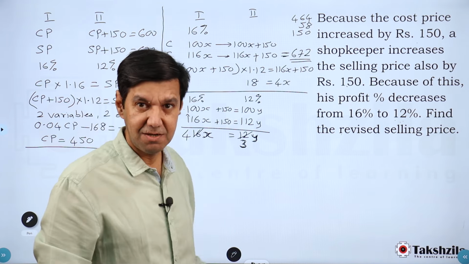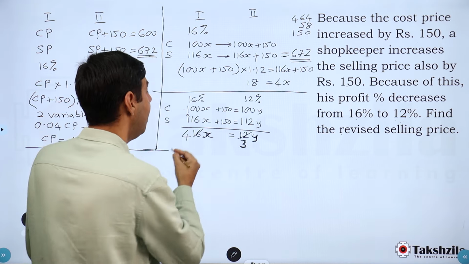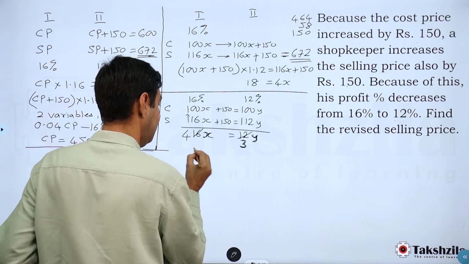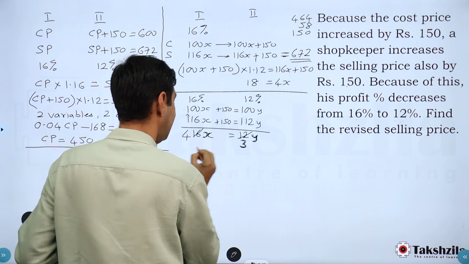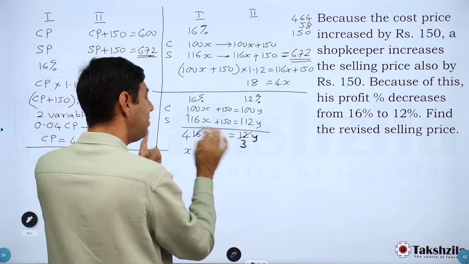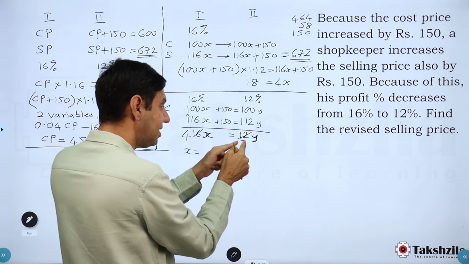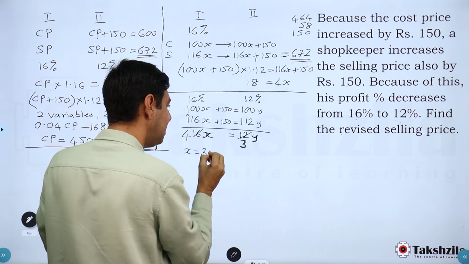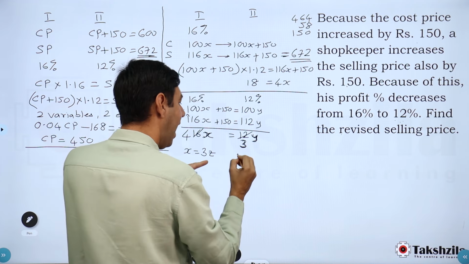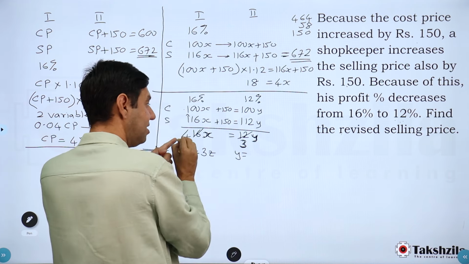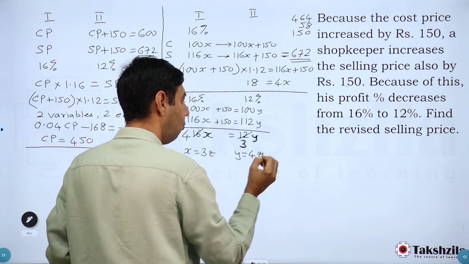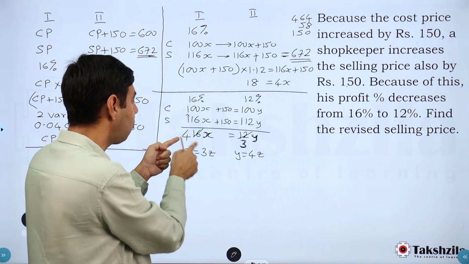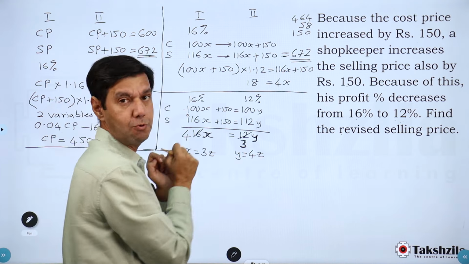When you have something like this, 4x is equal to 3y, there's no constant here. And this is again a term which is going to happen very often. What you can do from here is get them into a new variable. Take x as 3, the other coefficient, 3z. Y is nothing but this coefficient, 4z. What are we doing? Plug them and see. 4 into 3, 12z. 3 into 4, 12z.